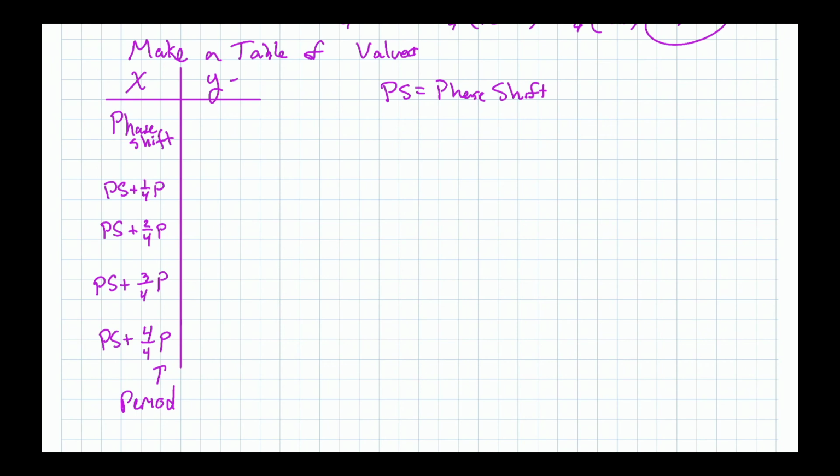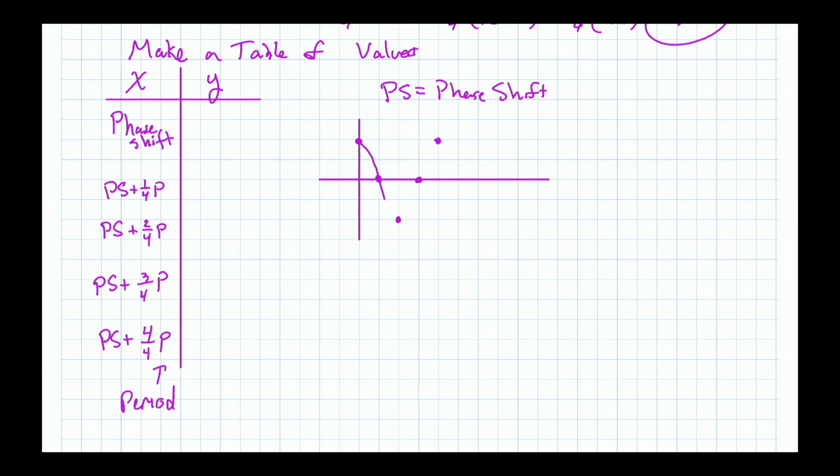All right. Now, what you're going to do for the y values is this. So in the normal cosine graph, so this is for a cosine, it'll be different for a sine. Normally, a cosine starts out at the top, and then it comes down to the middle, and then it goes to the bottom, and it comes back up to the middle, and then it goes back to the top.